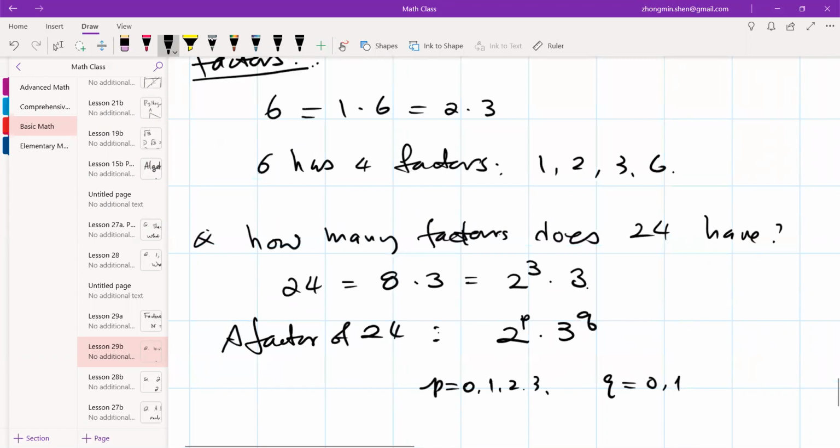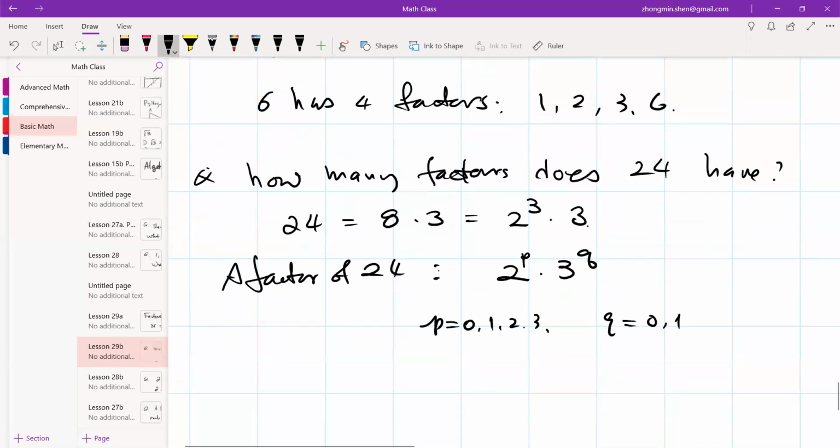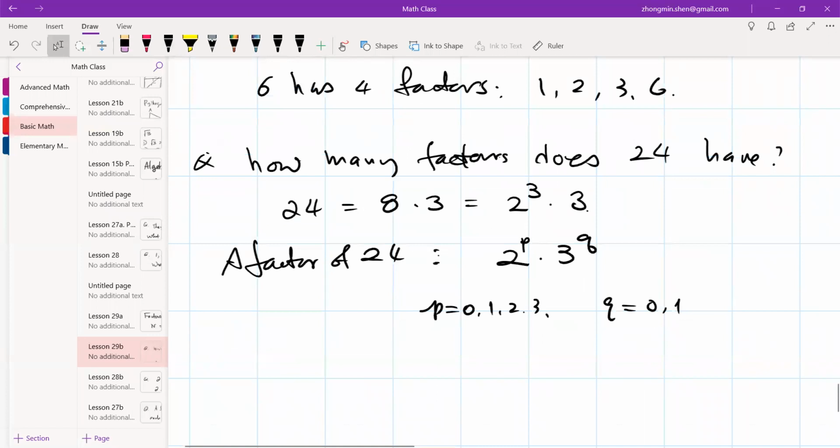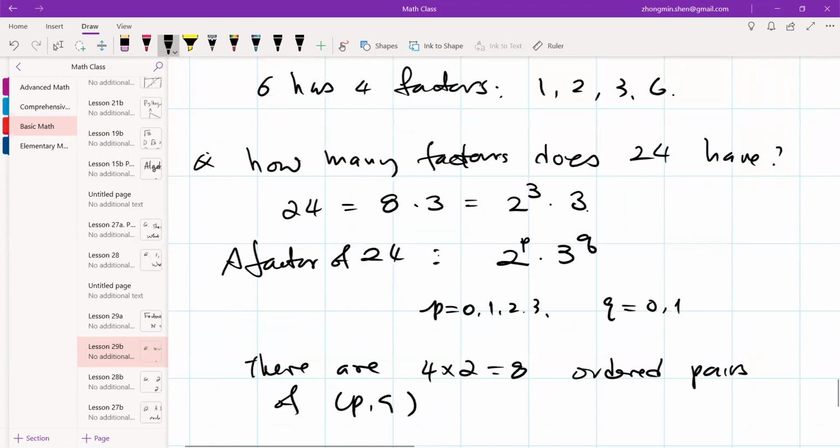So in other words, how many choices do you have for P? 4. And how many choices for Q? 2. So the total, combining them, is 4 times 2, which is 8 ordered pairs of P and Q, okay?